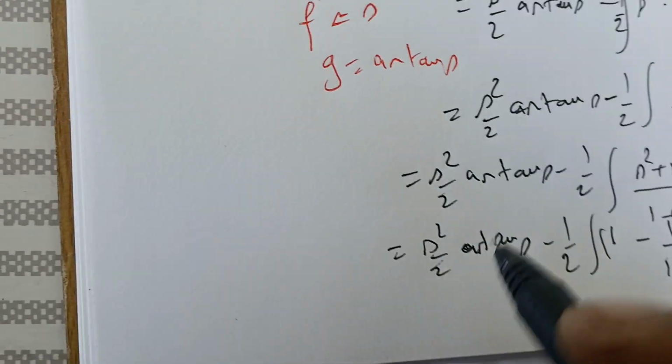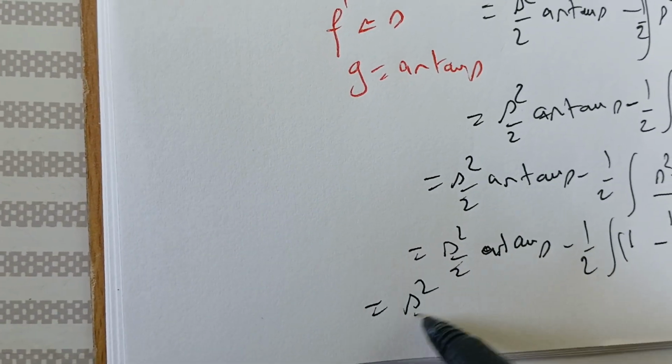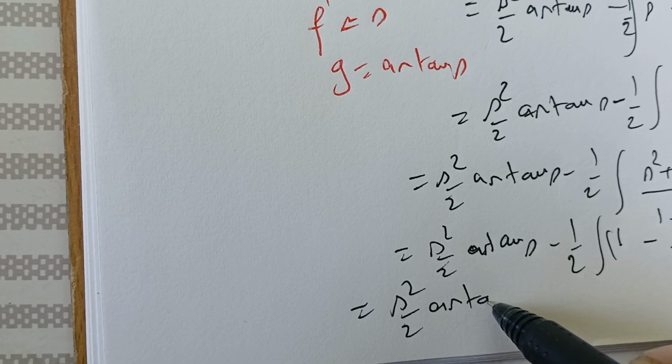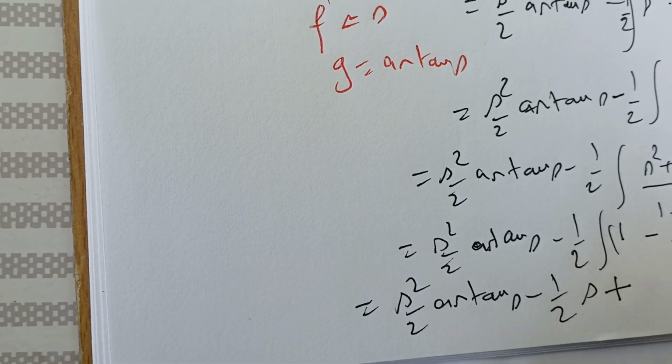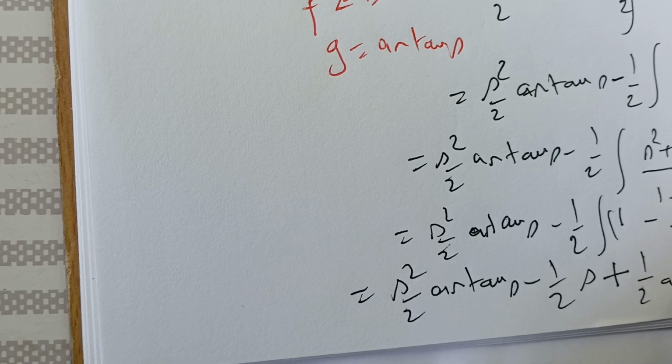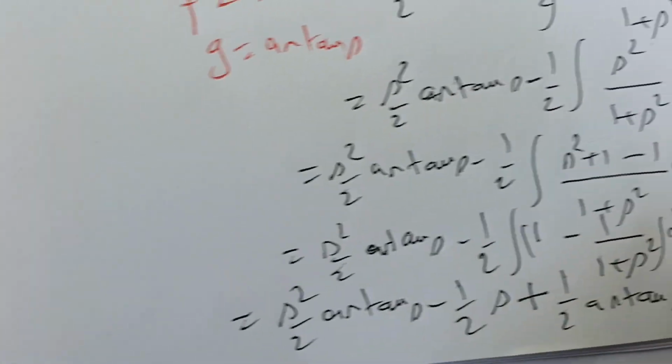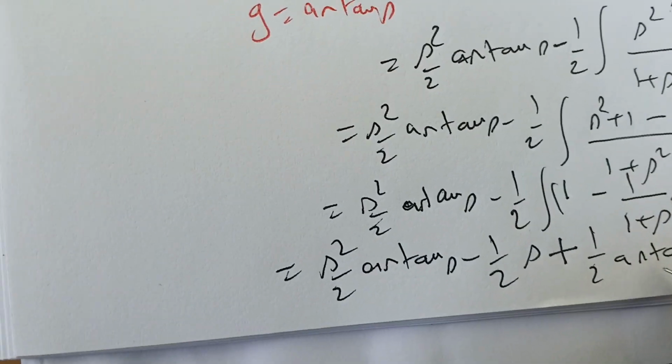And finally, I have s squared over 2 arctangent of s minus 1/2 s plus 1/2 arctangent of s, because I now did the primitive of 1 over 1 plus s squared.